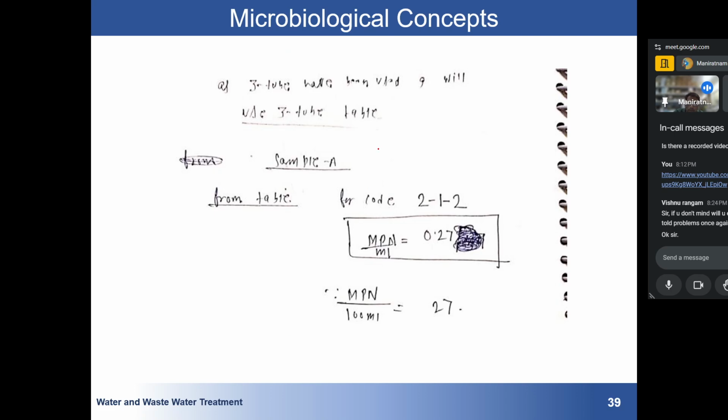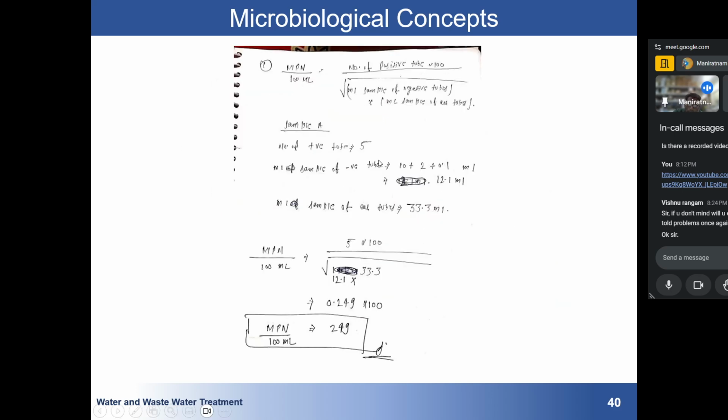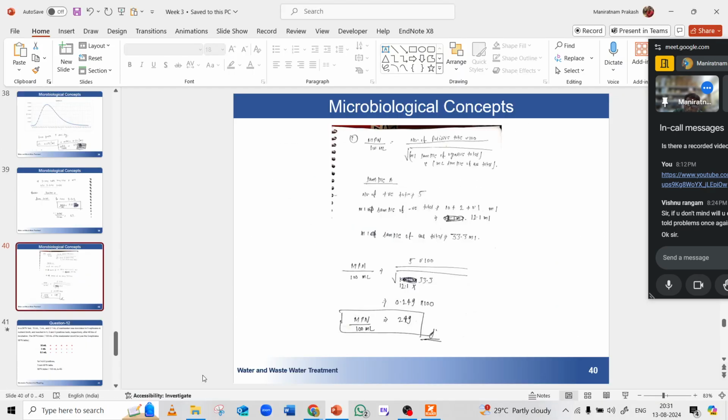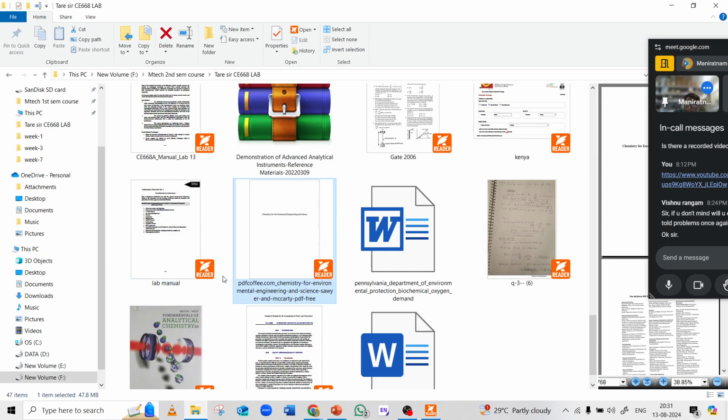A scientific researcher has developed one table where people can use that. I'm just showing that table.